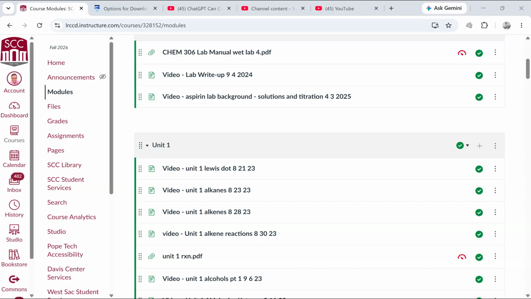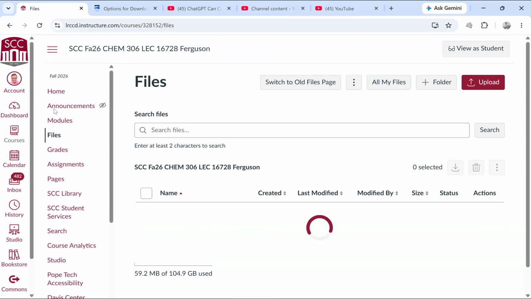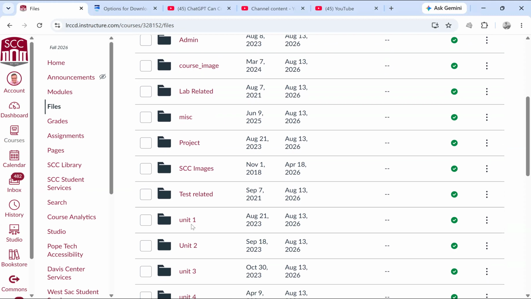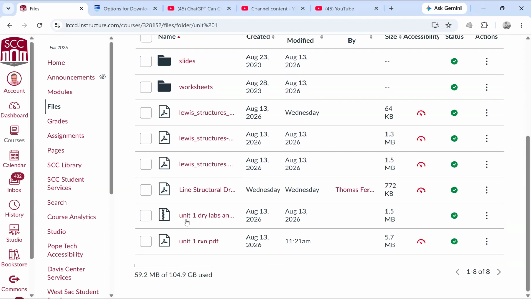If you go to Canvas files, and you go down to Unit 1, under Slides, that's where all the slides are.